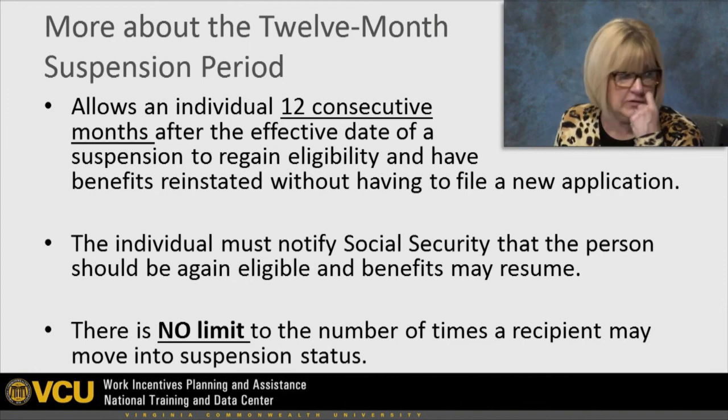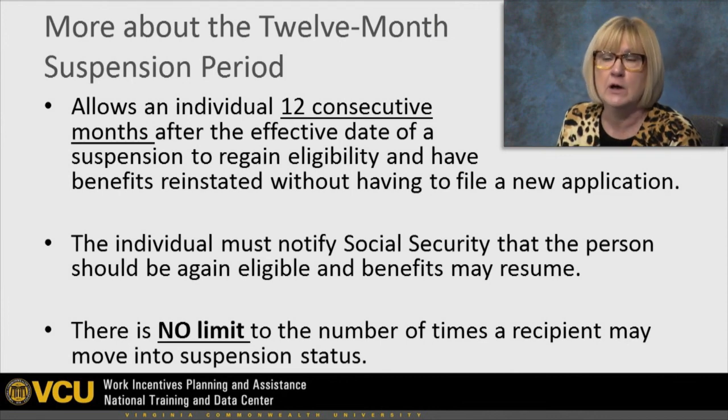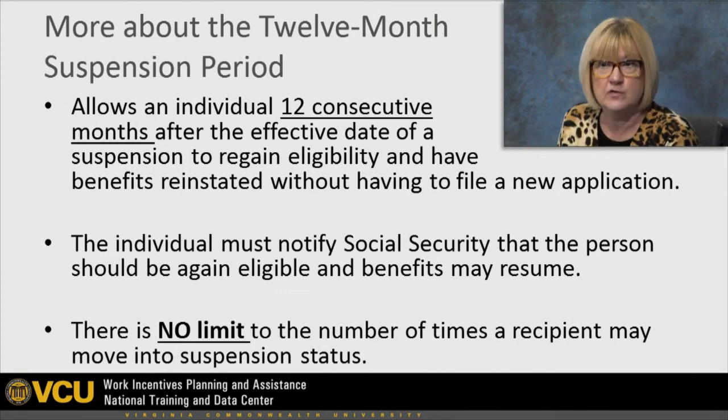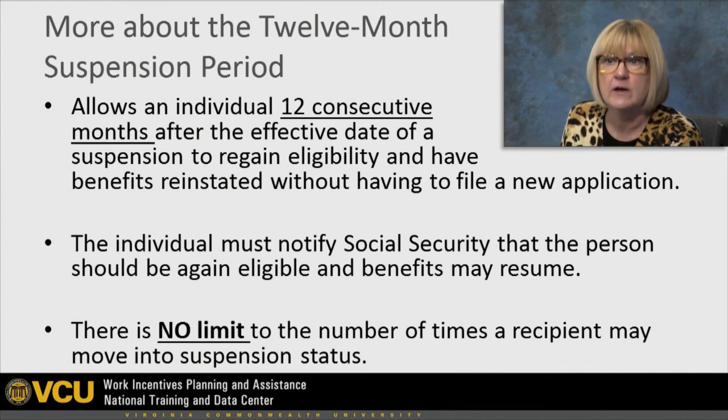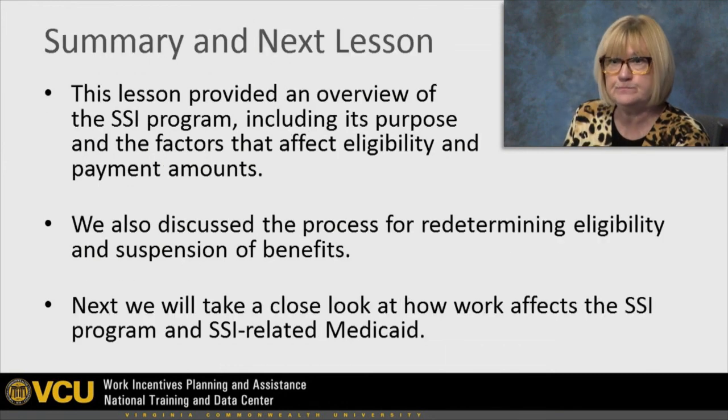There's no limit to the number of times that a beneficiary can move into suspension status. And it's common. People end up in suspension status because something happens, they didn't notify Social Security, or they did and they're no longer eligible and they didn't know. And then if they can reestablish eligibility within that year, that's a wonderful provision.